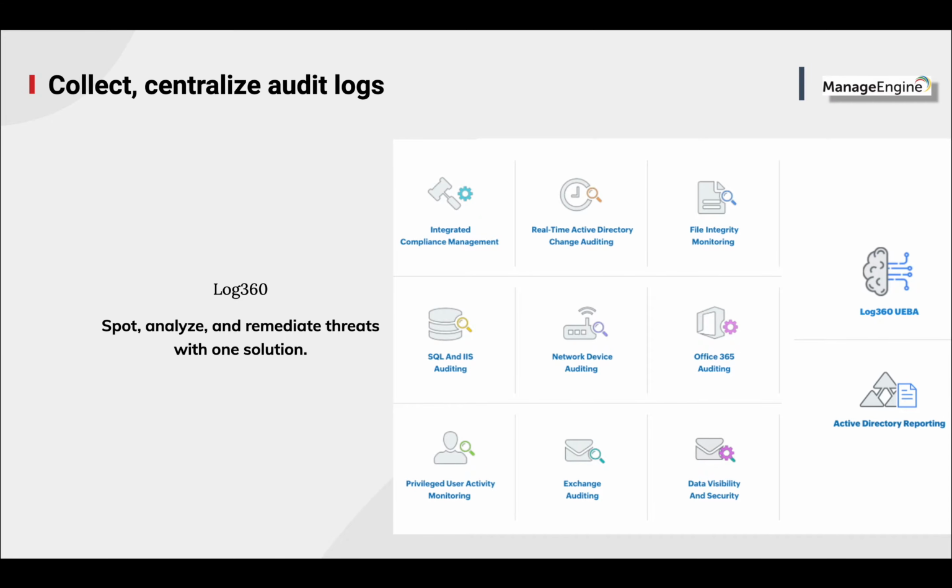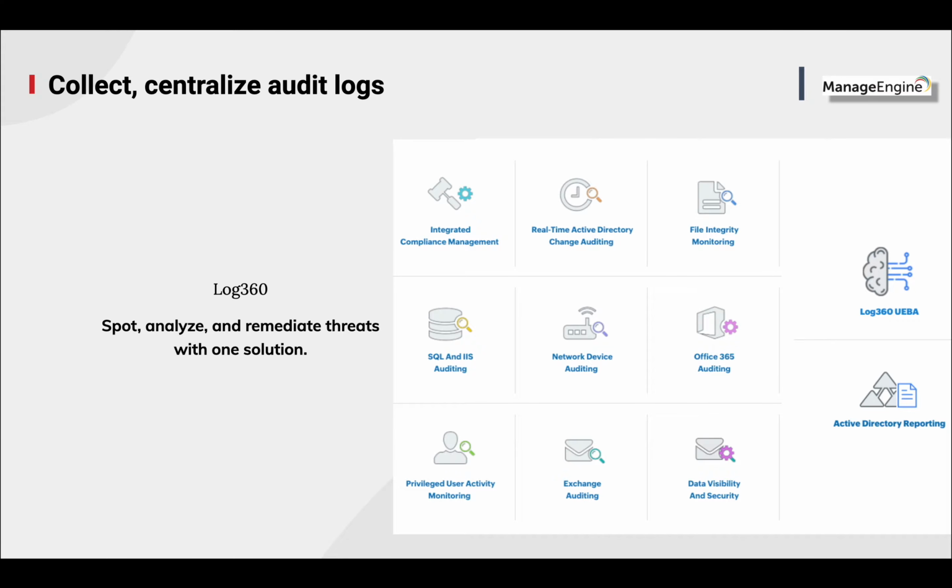Centralized audit logs: Log360 is a one-stop solution for all your log management and network security challenges. This tightly integrated solution combines the capabilities of ADAudit Plus, complete security log audit on your Windows infrastructure, EventLog Analyzer, syslogs, SNMP traps from your network devices, O365 Manager Plus, Exchange Reporting, and Cloud Security Plus.